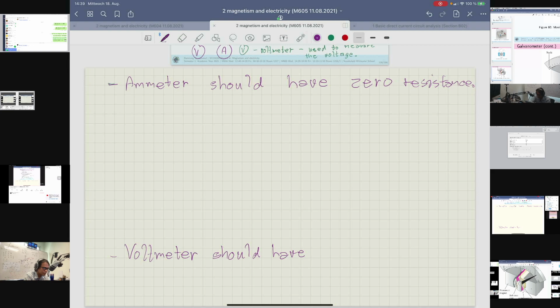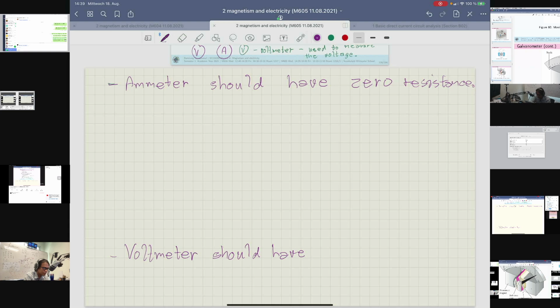In the same way, if we have a voltmeter and we would like to measure the voltage across these two things, there is current flowing like this, and it's Rm, the resistance of anything that you would like to measure.